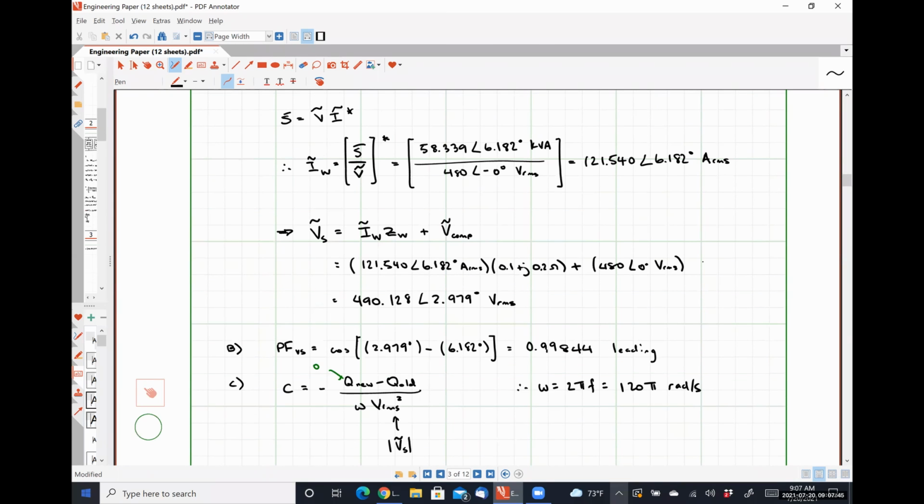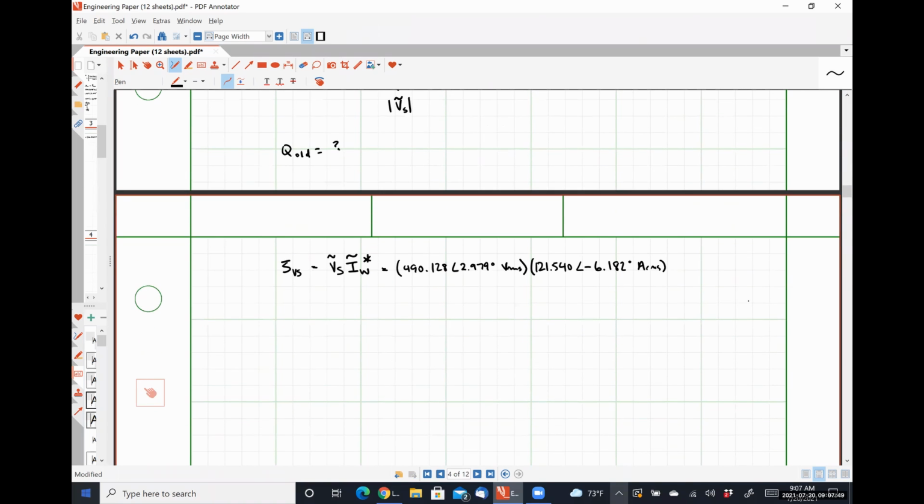Yeah, so IW had an angle of 6.182. So when we conjugate it, we have negative 6.182. So let's multiply these two numbers together.